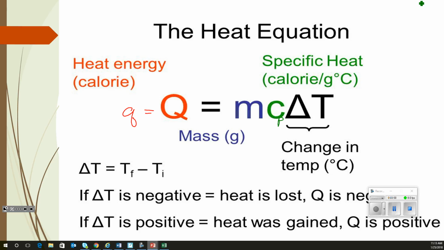Okay, so looking at this, it's color-coded. Hopefully that helps you. Heat energy is Q, so anytime they're asking for heat energy, it can be in calories. In SI unit, it will be joules. Remember, joules is a capital J, calories is CAL. Now, these calories that we're talking about here are lab calories.